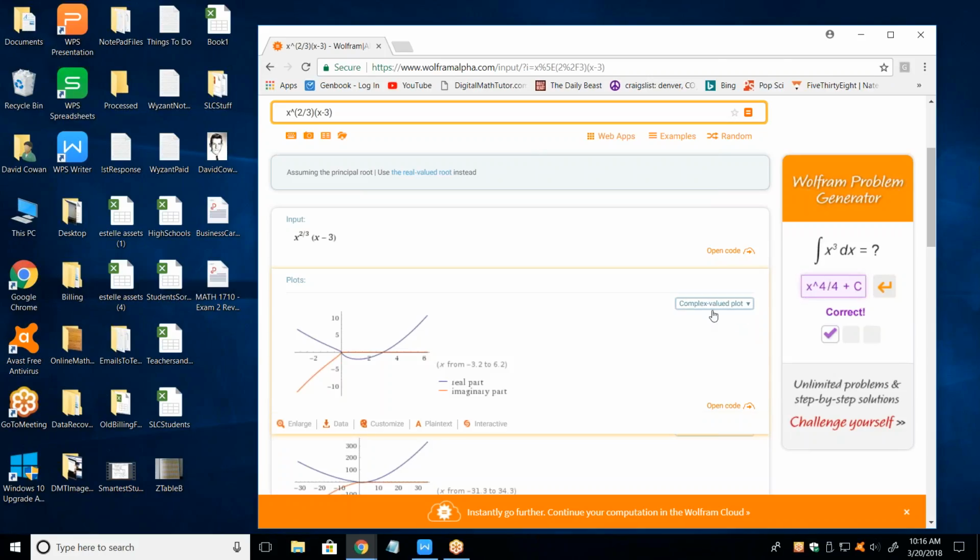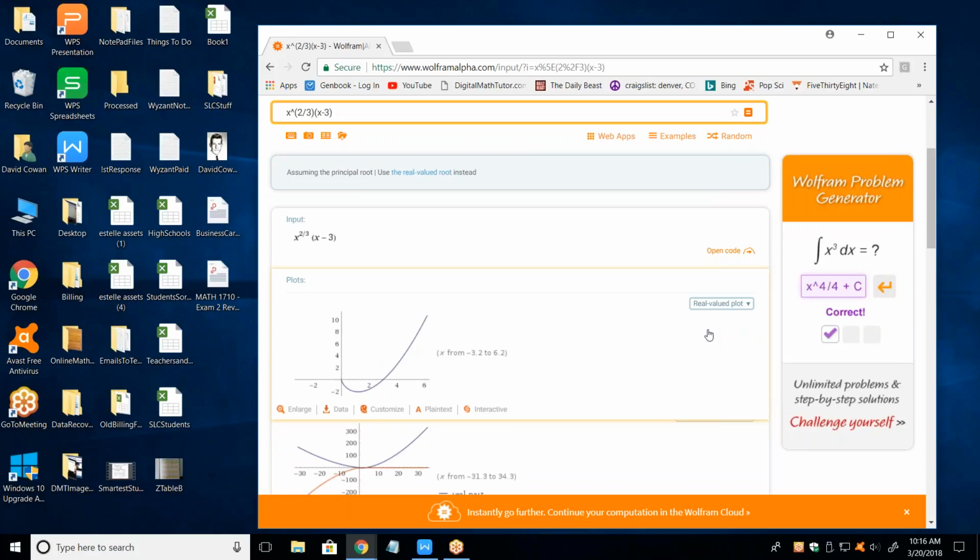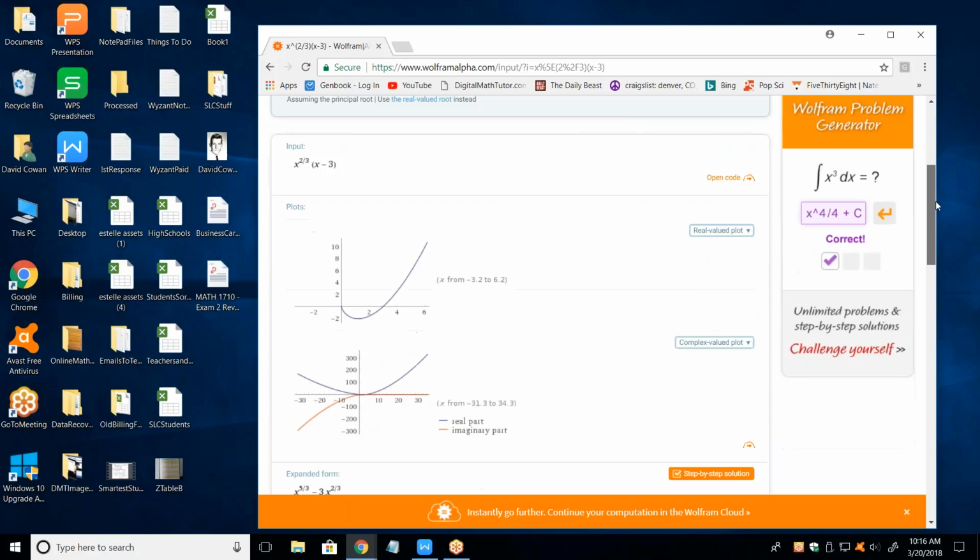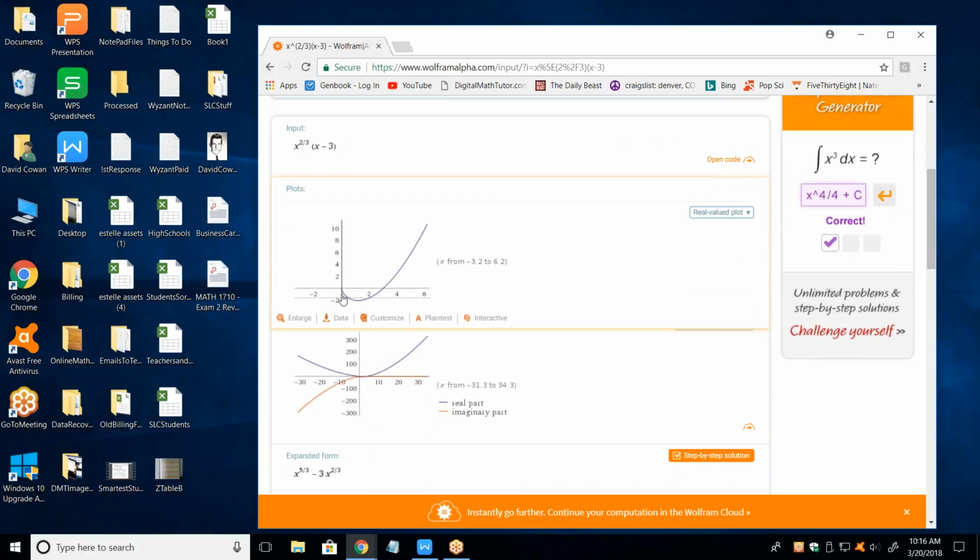Let's look at the real one only. Now look at it. I did the real one only and it eliminated everything to the left of the y-axis. Not only that, you can see that it decreases from 0 to 6/5 and it increases after that. So we definitely have the right answer.